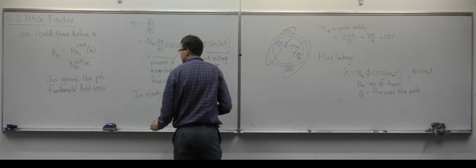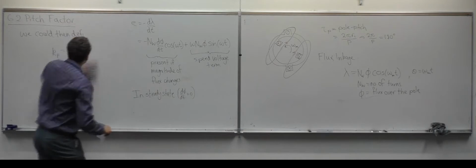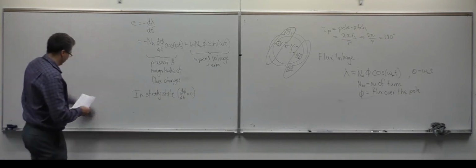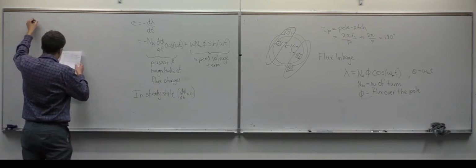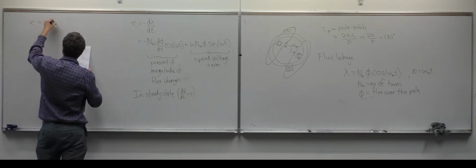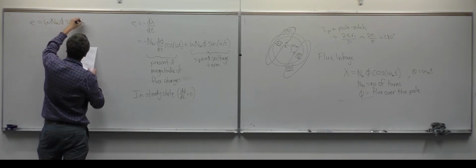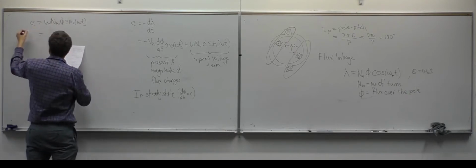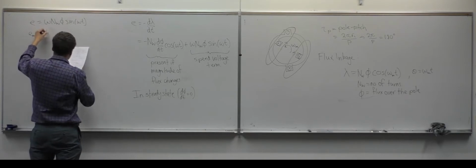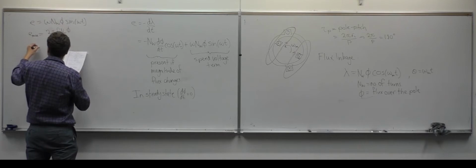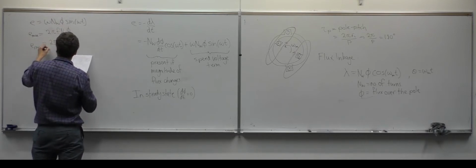Then the induced voltage will just be the first term, which has a max value of 2 pi f N_W times the magnitude of flux, or an RMS of that divided by square root of 2.